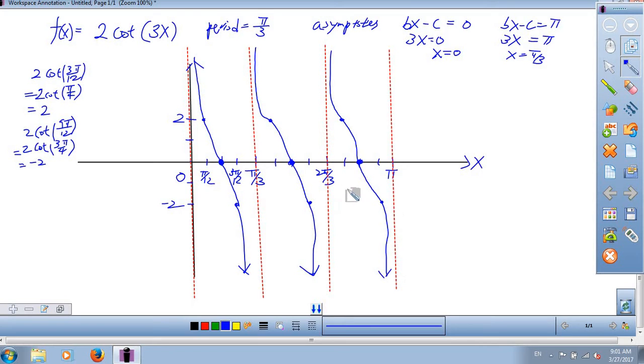It's a rough sketch, I'm sorry it doesn't look too good, but this is what we can do by hand. We can get a good idea of how the function behaves, what the period is, where the asymptotes are, and which direction it goes. It approaches positive infinity as it approaches 0, and negative infinity as it approaches pi over 3. On the right hand side, it also approaches positive infinity, so the graph just keeps going. It would look something like this.